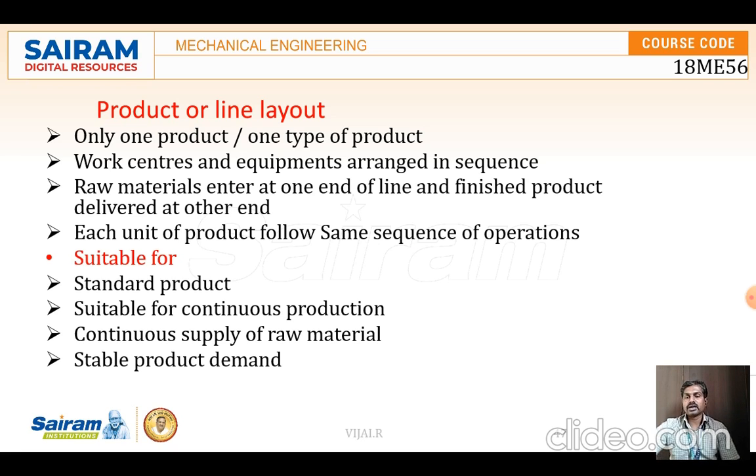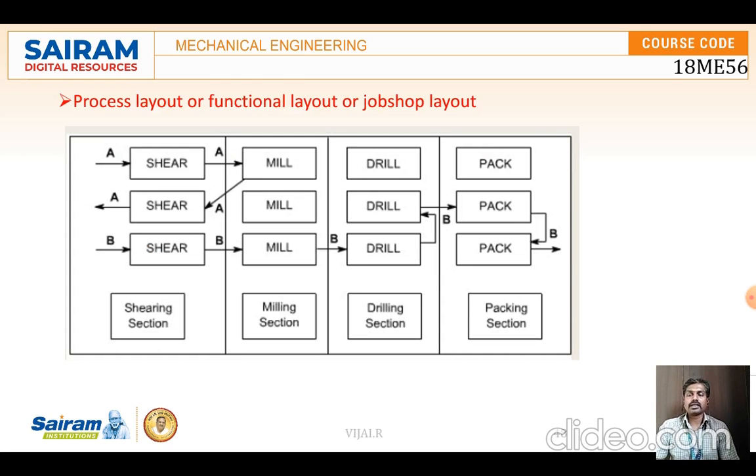It is suitable for a standard product, for continuous production and continuous supply of raw material. Here the raw material starts at one end and is delivered finished at the other end. The same set of sequence is followed in the product or line layout. Another one is process layout or functional layout.